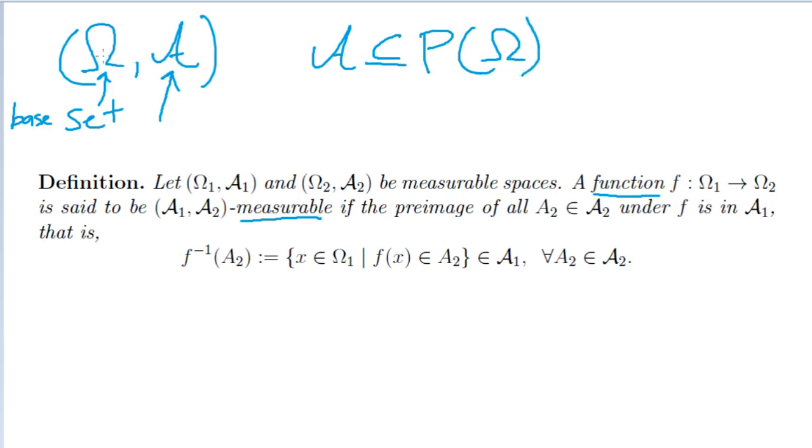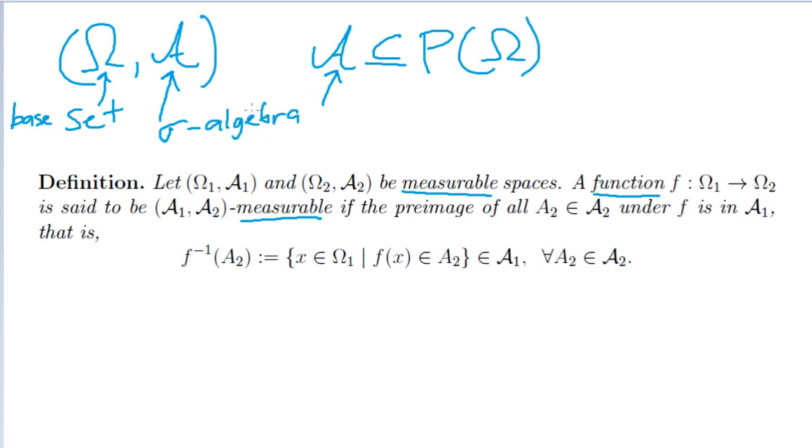So you can look at this base set and think of a whole lot of subsets that omega has, and we're just talking about subsets like that. Subsets of omega. A is a collection or a family of subsets of omega. But again, this A has to have some specific qualities in order to qualify as a measurable space. It has to be a sigma algebra.